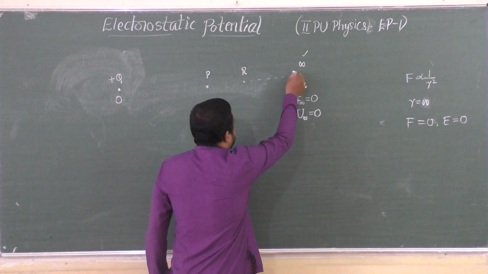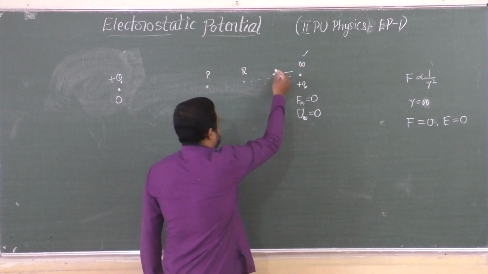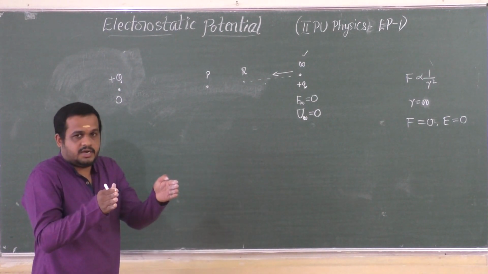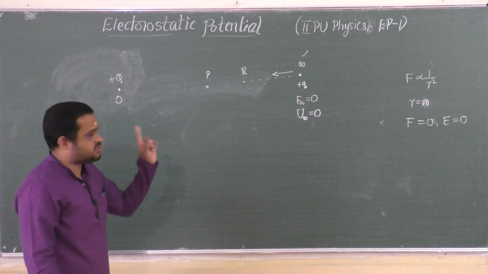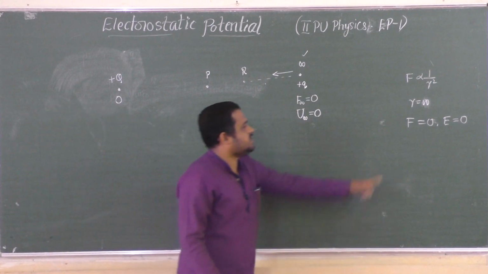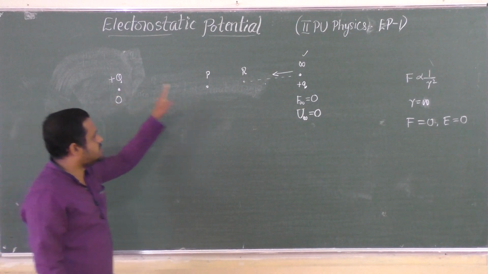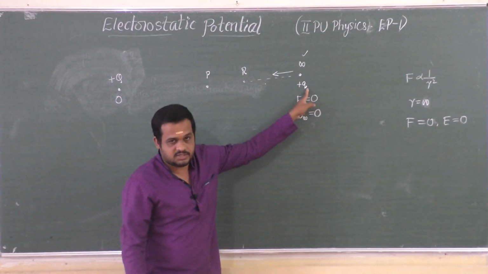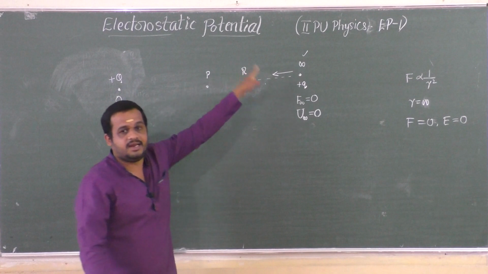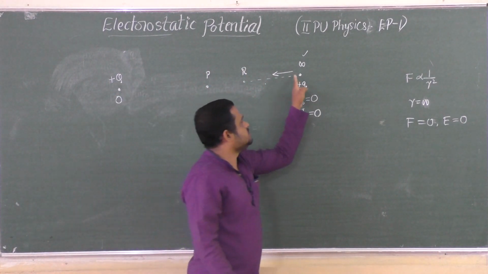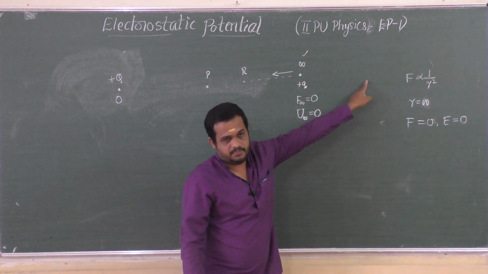Now, if this charge is moved towards the source charge, distance reduces from infinity. When the distance is finite, electrostatic force comes into play. We considered a positive source charge as well as a positive test charge. We know that force between like charges will be repulsive, so the source charge will try to repel the test charge towards infinity.